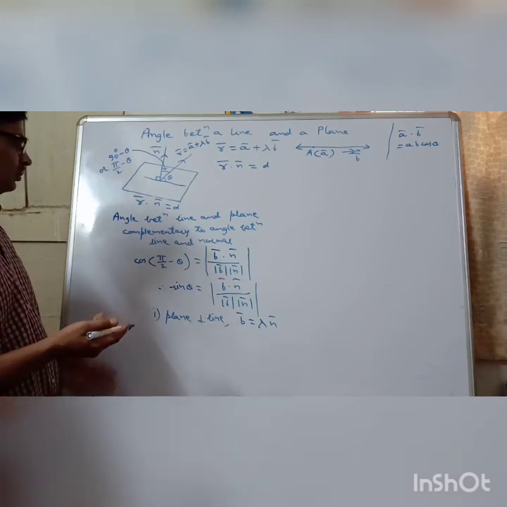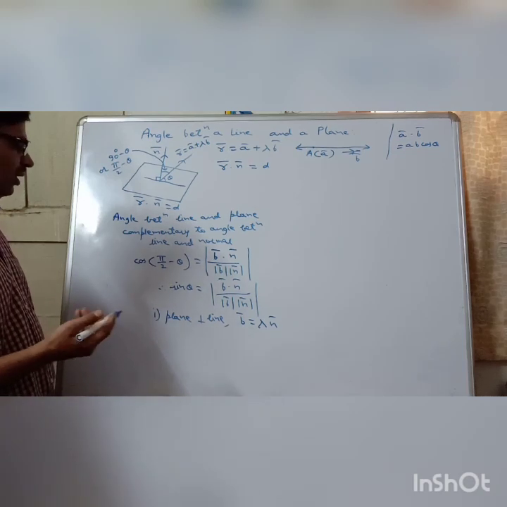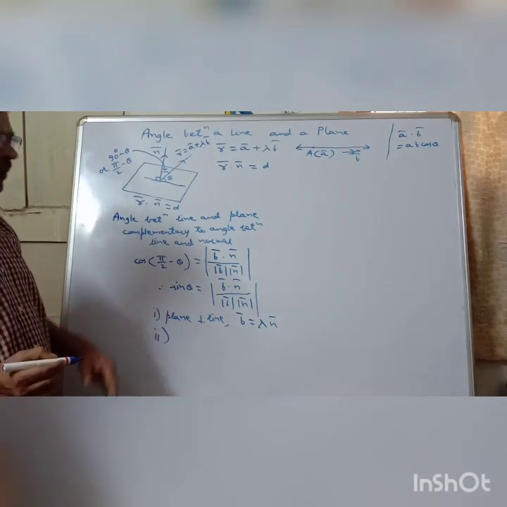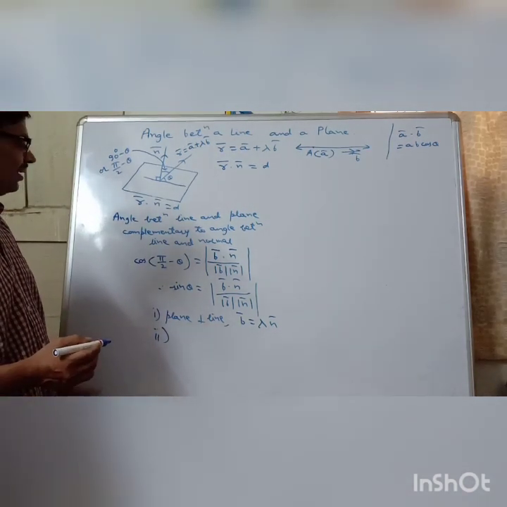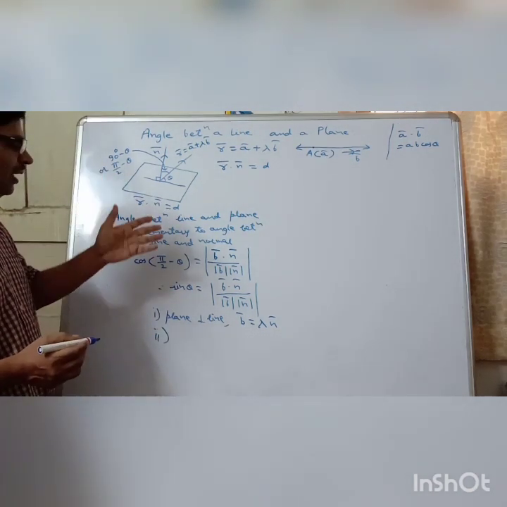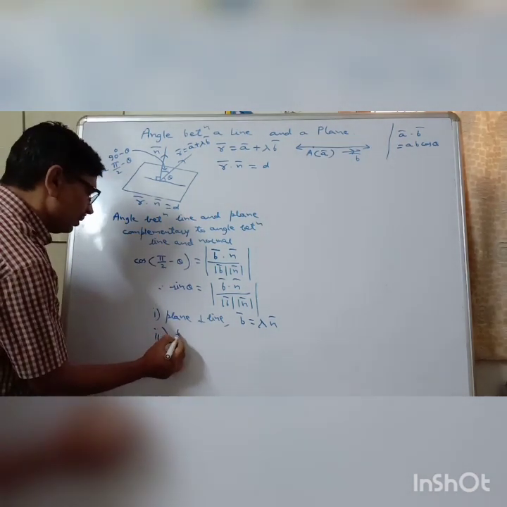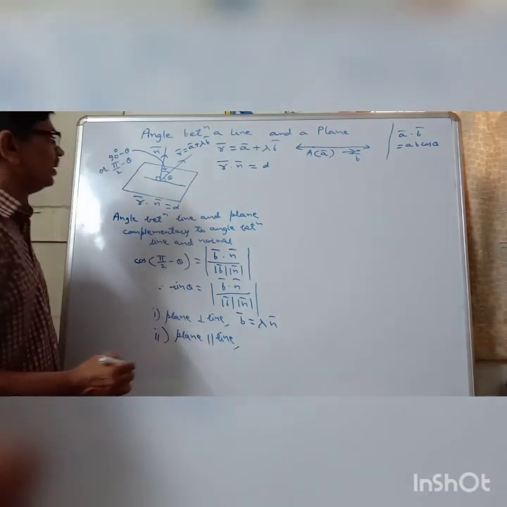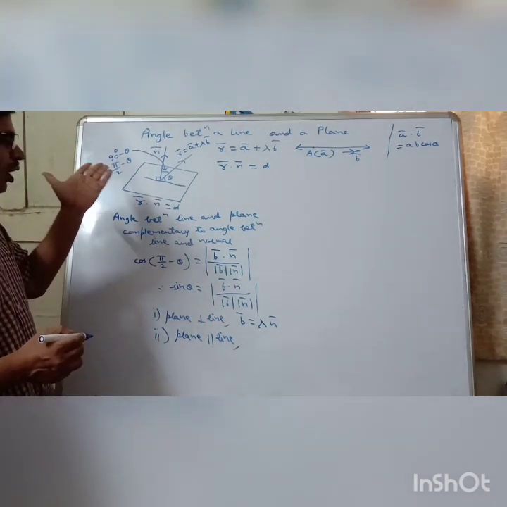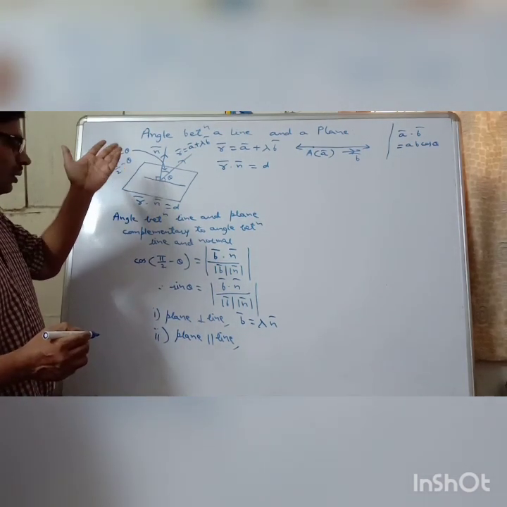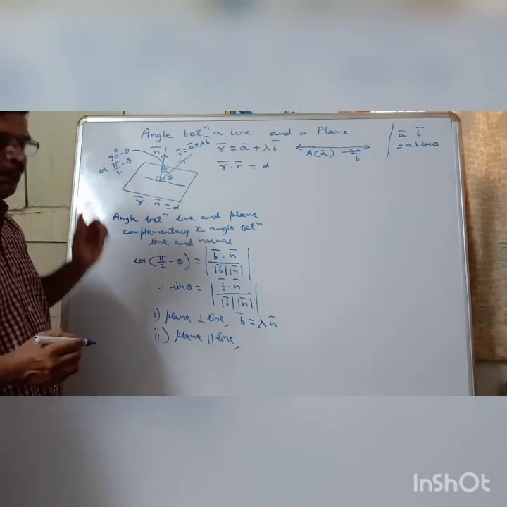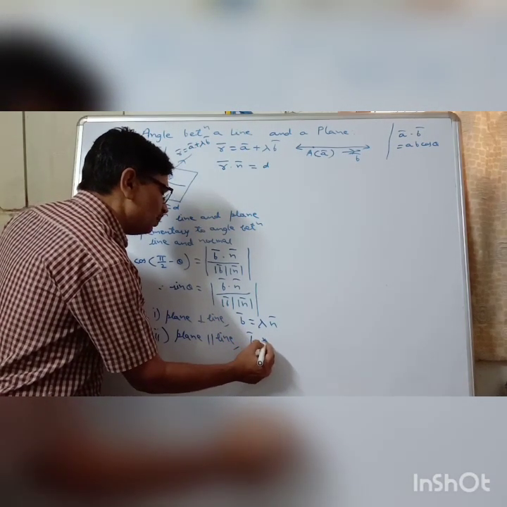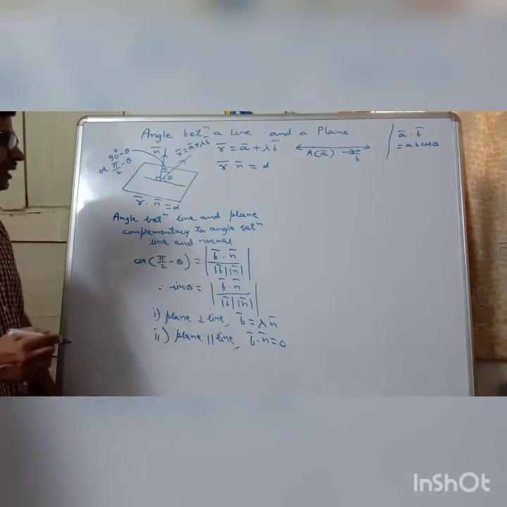The angle between them is 0 degrees or 180 degrees. When the plane is perpendicular to the line, the angle between line and normal becomes 0. If the plane is parallel to the line, then the angle between line and normal becomes 90. So in that case, the line is perpendicular to the normal, so b bar dot n bar equals 0.